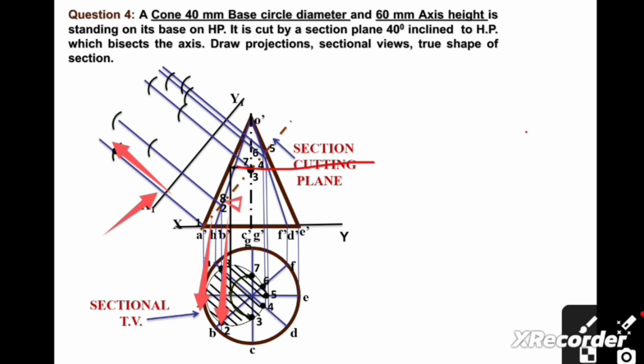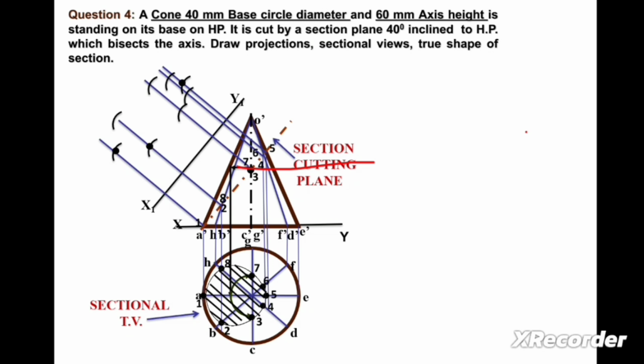Consider 2 dash as the center point and draw one arc. In a similar way, we take the radius from the XY line to point number 3, consider this point as the center and draw an arc. So here we will get point number 3. Similarly, we take the radius from the XY line to point number 4, consider this point as the center and draw one arc. In this way, we get the arc.